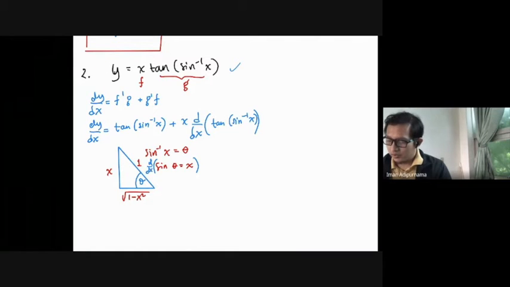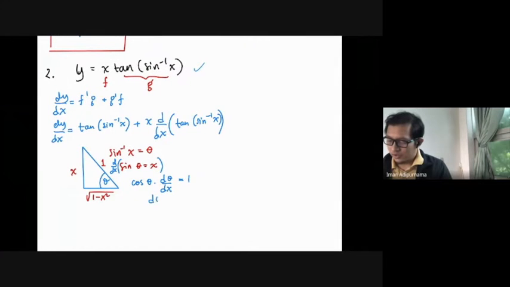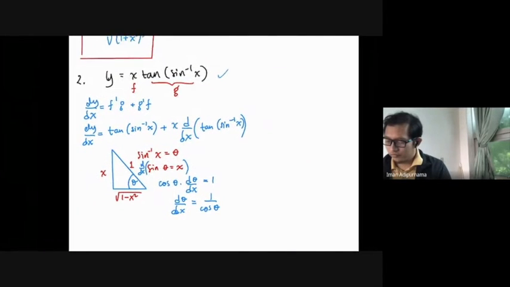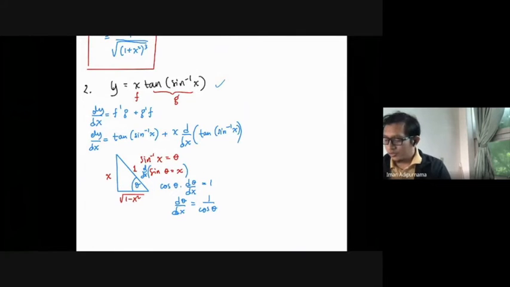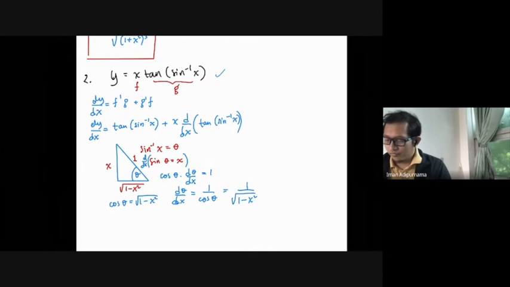Okay, d dx. So cos theta d theta dx is 1. So d theta dx is 1 over cos theta. So cos theta is the square root of 1 minus x squared, and it will be 1 over that.